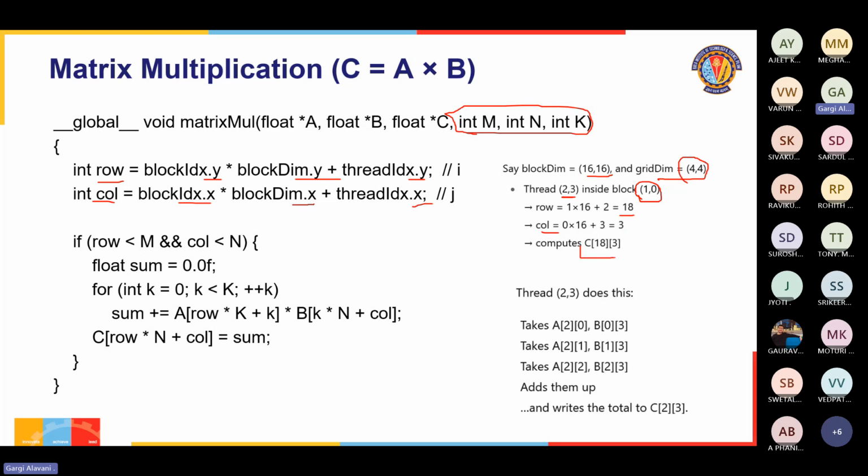It computes C of 18,3. If it is thread 2,3 in, let's say, block 0,0, it will compute another element of C.